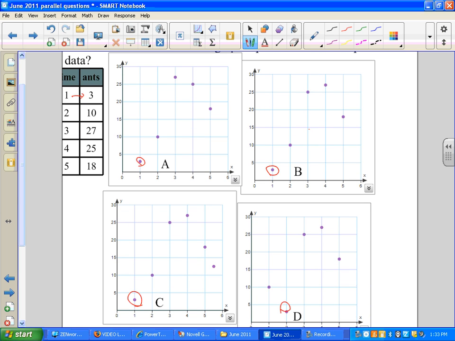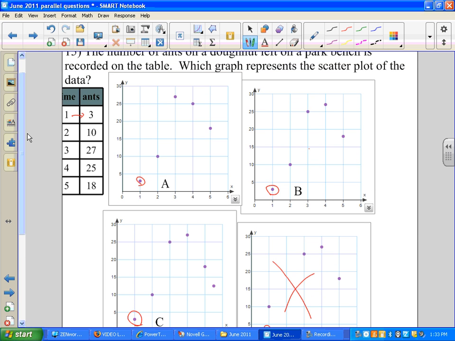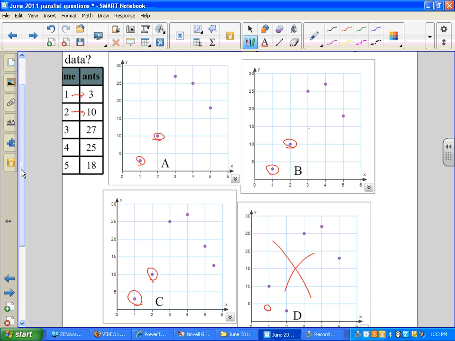All of them have it. This one, D, does not have the point (1, 3). There's where 1, 3 is. So D is wrong. Now let's look for (2, 10). (3, 27). Yes. (4, 25).